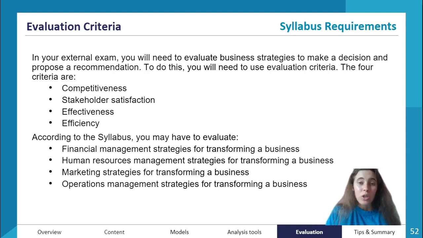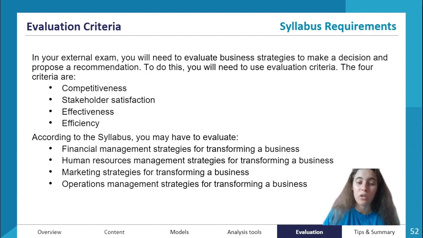For your evaluation criteria, these are the same evaluation criteria that you will have been looking at throughout your business studies. So you've got your 4 categories: competitiveness, stakeholder satisfaction, effectiveness, and efficiency. According to the syllabus, you may have to evaluate any of these different things.